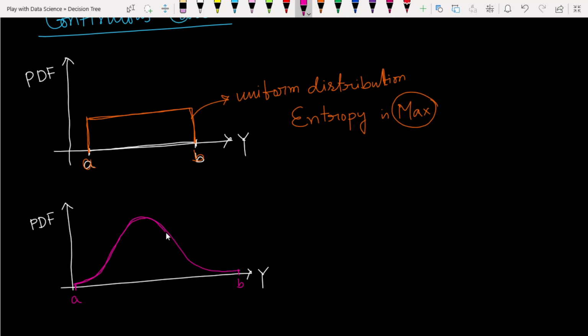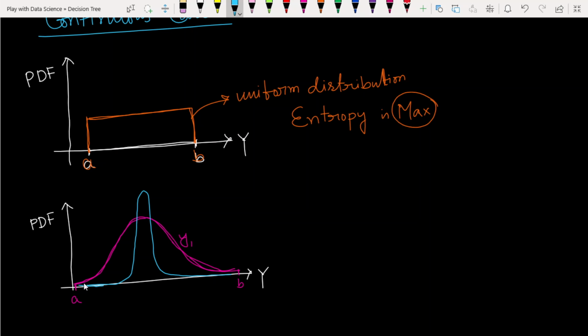This is random variable y1. Now let's consider another random variable which also lies in this range, but is more peaked like this.